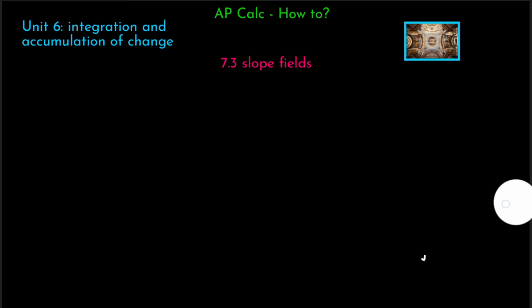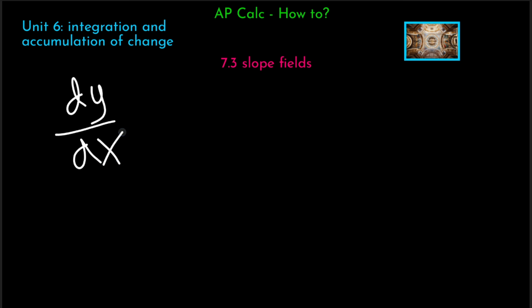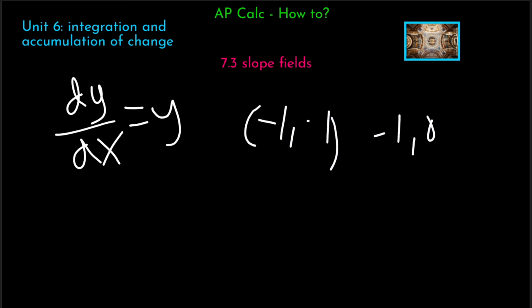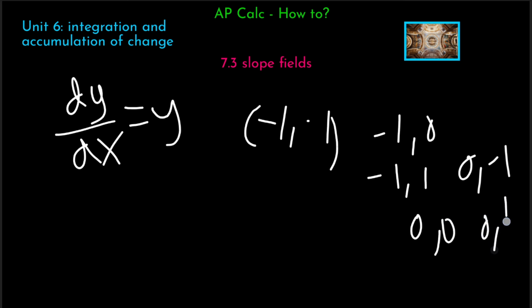So example number 1. We're going to draw a slope field for dy over dx equals y at these points: negative 1, negative 1; negative 1, 0; negative 1, 1; 0, negative 1; 0, 0; and 0, 1.